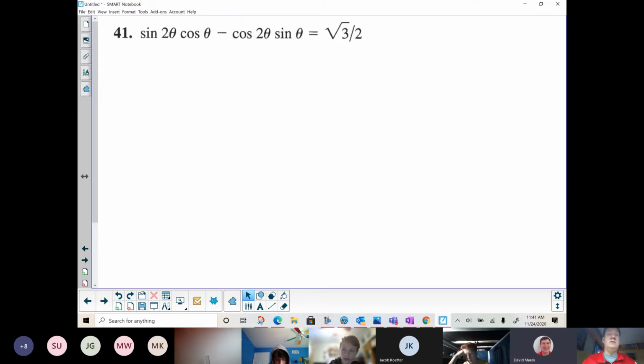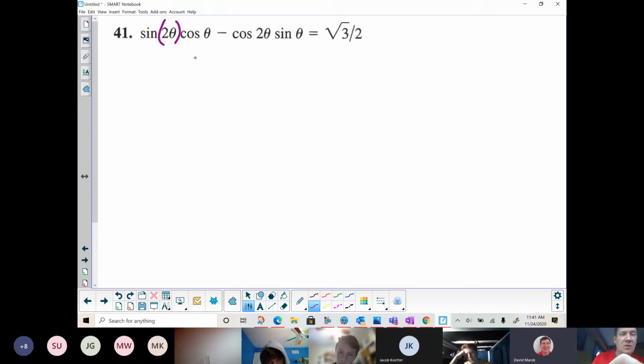Again, we're trying to solve this equation. We're trying to find the values for theta that make this a true statement. All right, one issue is the fact that we've got two different angle measures. We've got theta and 2 theta. Second problem is the fact that we have two different functions here.